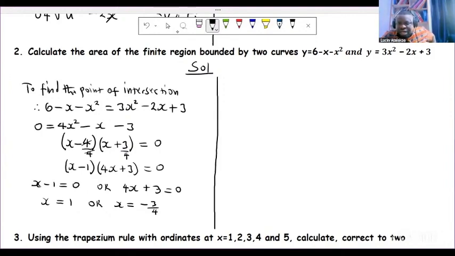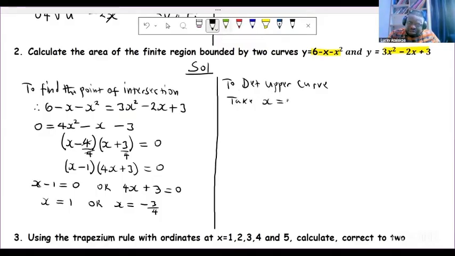To determine which of these two equations will be the upper curve, I'm going to take x to be 0. Is that clear?